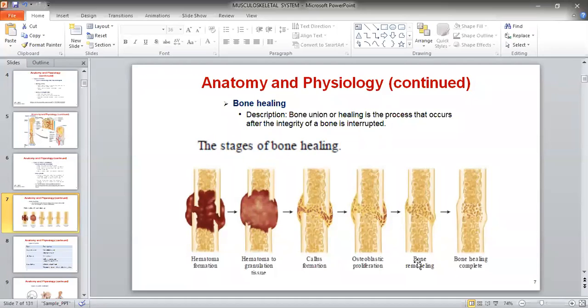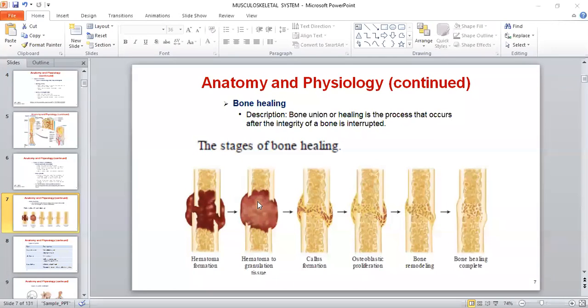the steps of healing. First of all, when the tissue is getting disturbed, we say inflammatory process. Inflammation is the most important, most primary cause. And when inflammation occurs, the bone fractures and it lasts several days. Finally, hematoma formation.